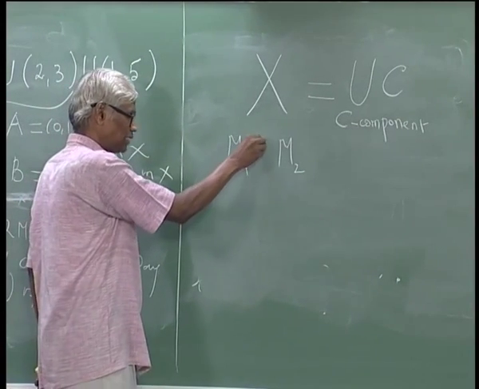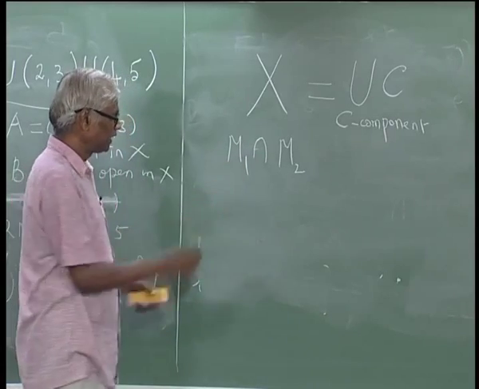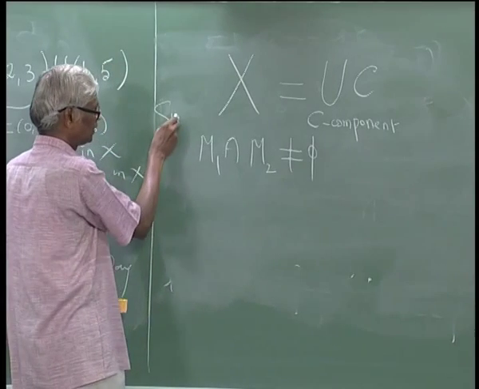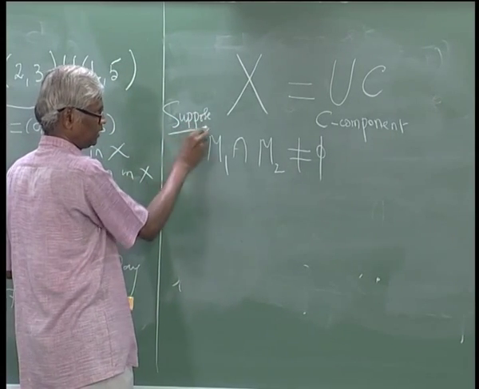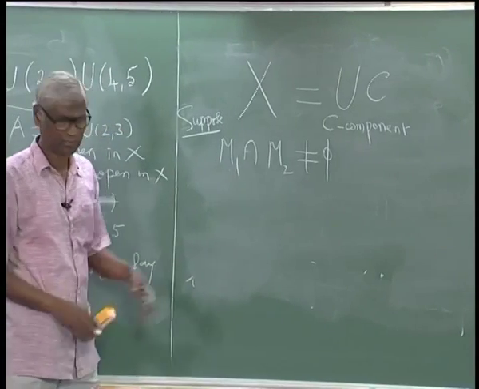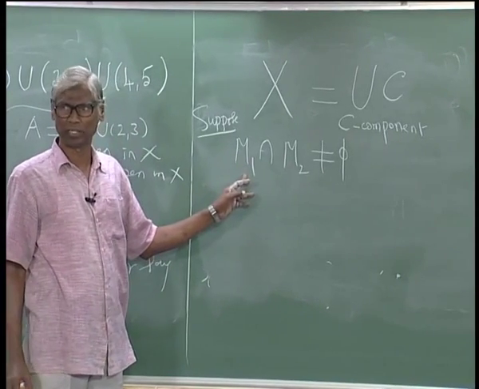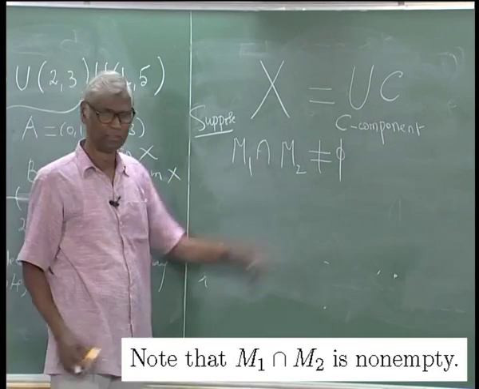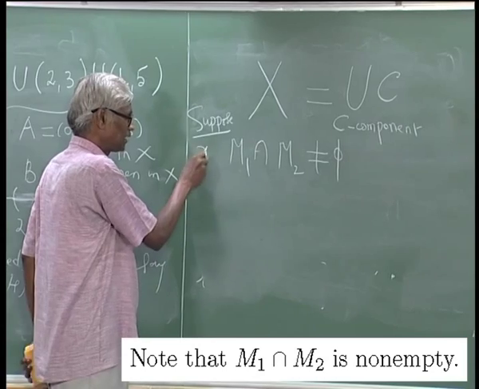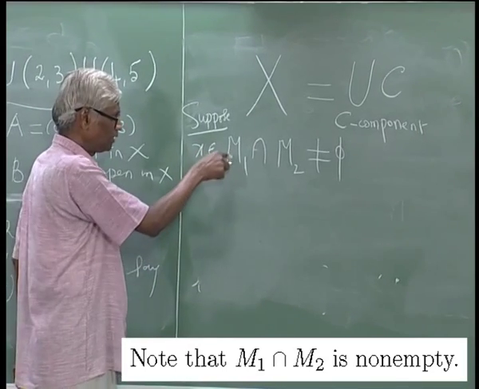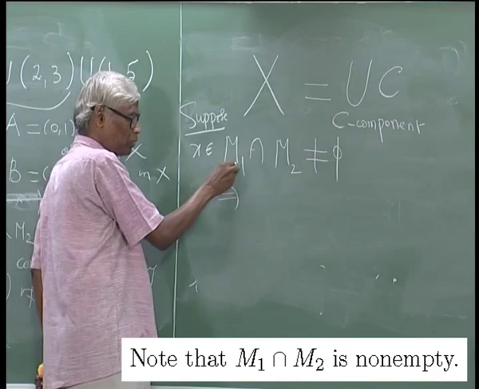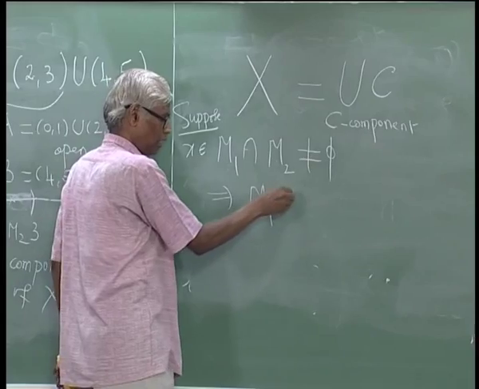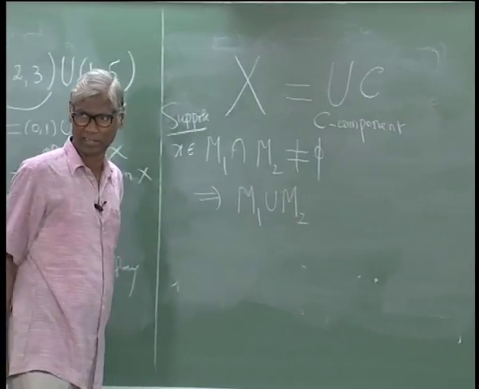Let us assume that the intersection is non-empty. What we have is M1, a maximal connected set containing some point x1, and M2 another maximal connected set. Then there is a common point, and that means M1 connected, M2 connected, intersection non-empty, imply M1 union M2 is connected.